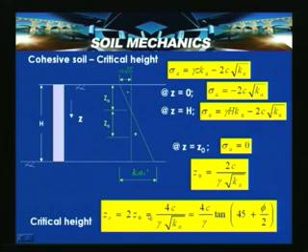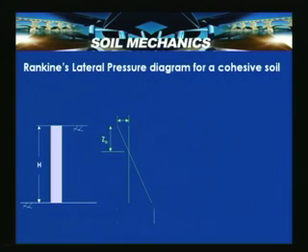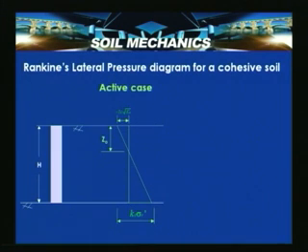Now we have the lateral pressure diagram for a cohesive soil which we just saw. At a certain depth z naught, the negative pressure changes to positive pressure. It indicates that the soil remains unsupported only up to a certain depth, particularly cohesive soils.